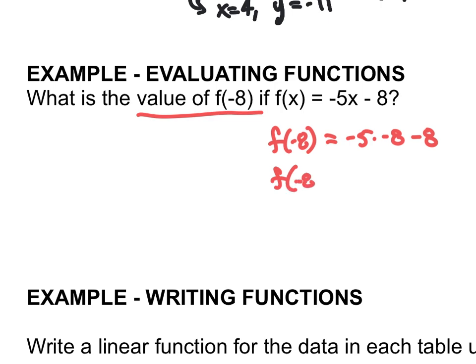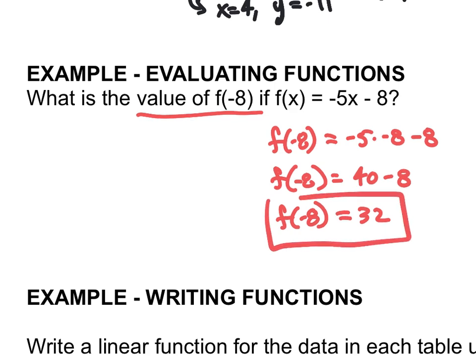F of negative 8 is then equal to negative 5 times negative 8, which is positive 40, minus 8. F of negative 8 is equal to 32. And that's it. That is your answer. What is the value of f of negative 8? If that's what it's asking for, plug in negative 8 into your function, and it spits out an output.